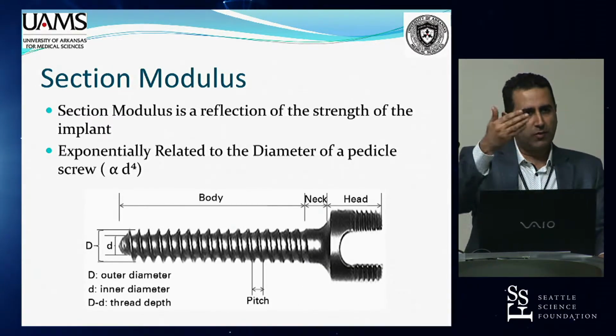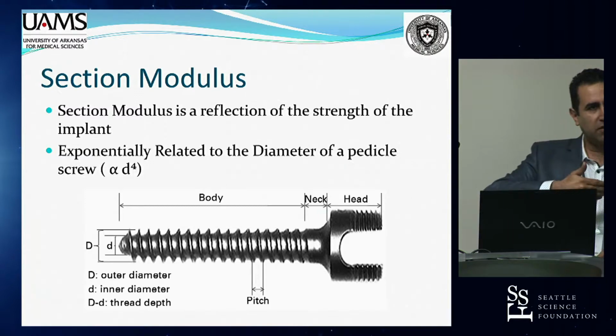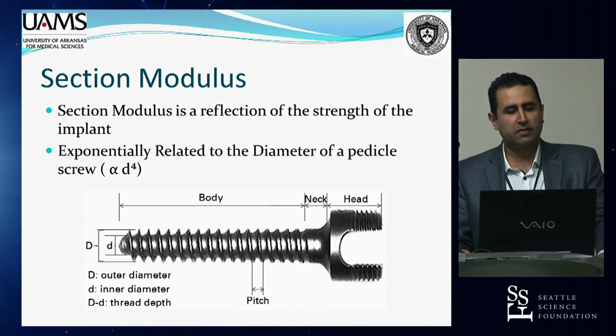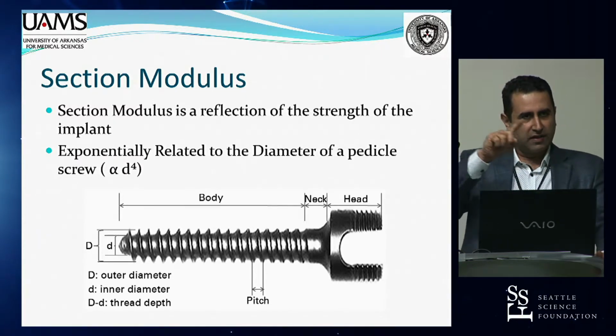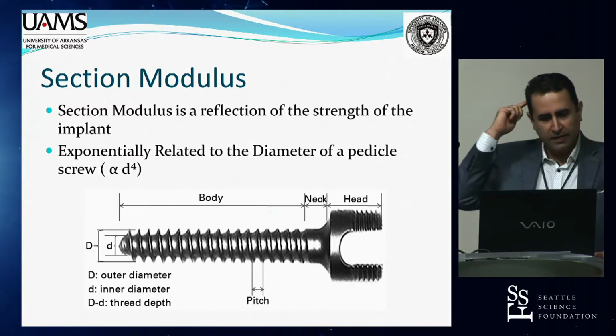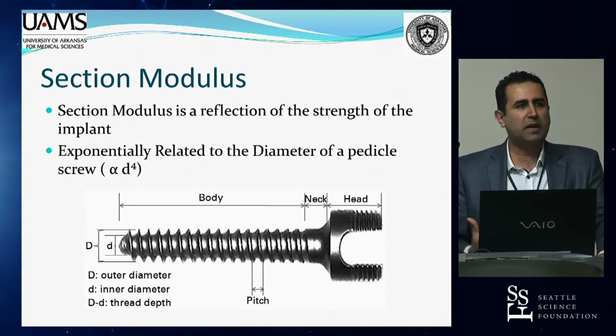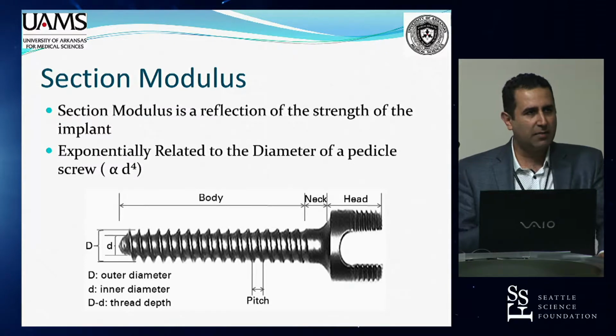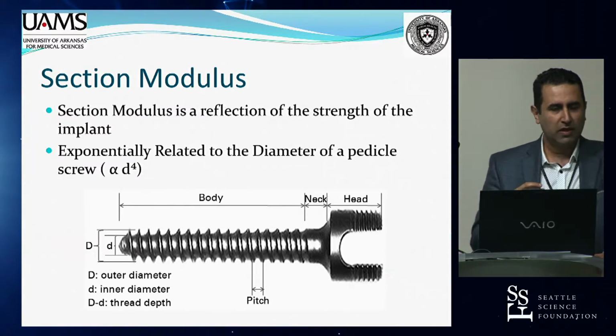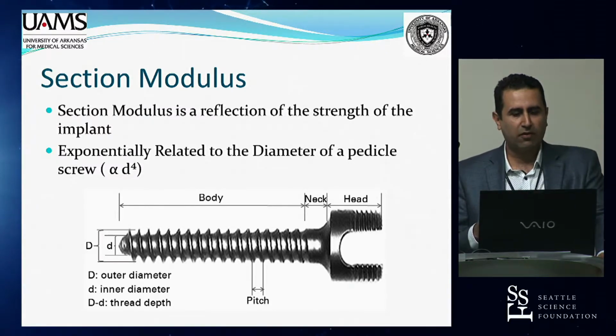This modulus, remember we talked about the elastic modulus of the instrumentation. The section modulus is a reflection of the strength of the implant, this elastic zone gradient, and it's exponentially related to the diameter of the inner diameter of the pedicle screw that you put in, to the power of 4.